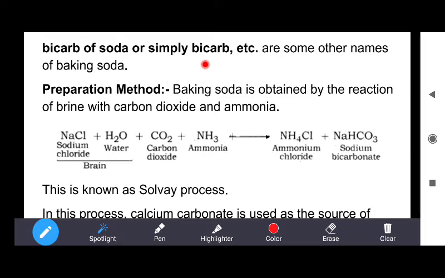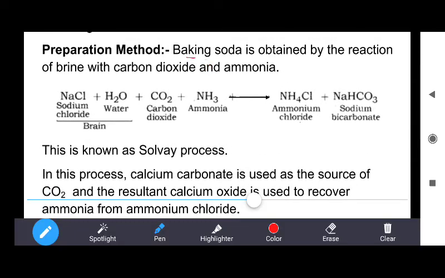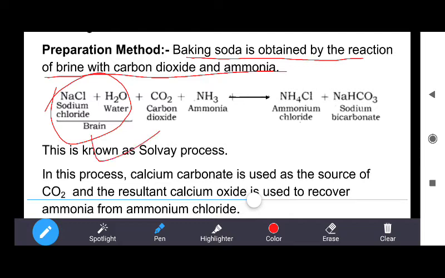How can it be prepared? So, the preparation method for baking soda. Baking soda is obtained by the reaction of brine with carbon dioxide and ammonia. You know that brine is the saturated solution of sodium chloride in water. This brine solution reacts with carbon dioxide and ammonia.